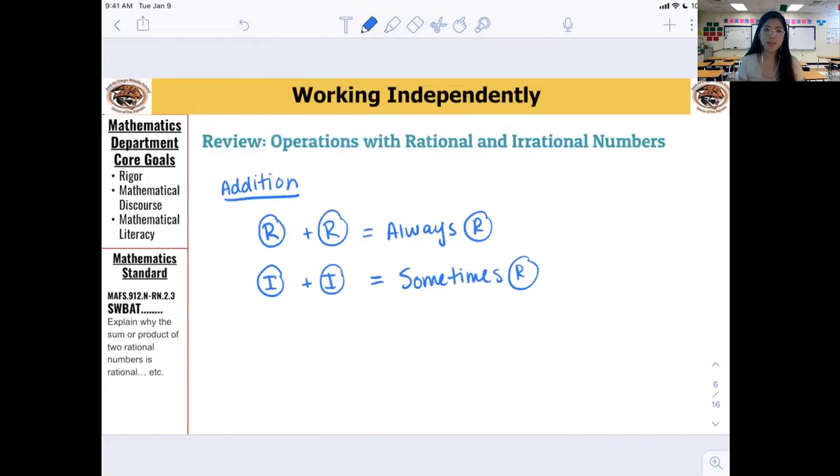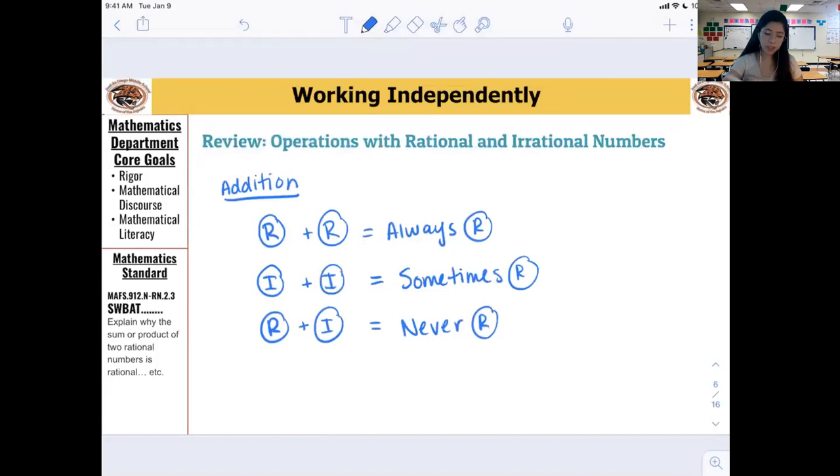All the other times it'll be irrational, but if you get 0, then it's rational. And what if you mix them up? Irrational. So it's always irrational. Basically, it's never going to be rational.